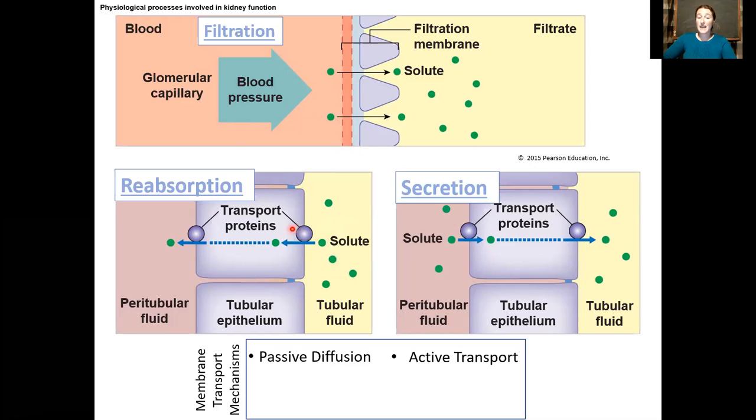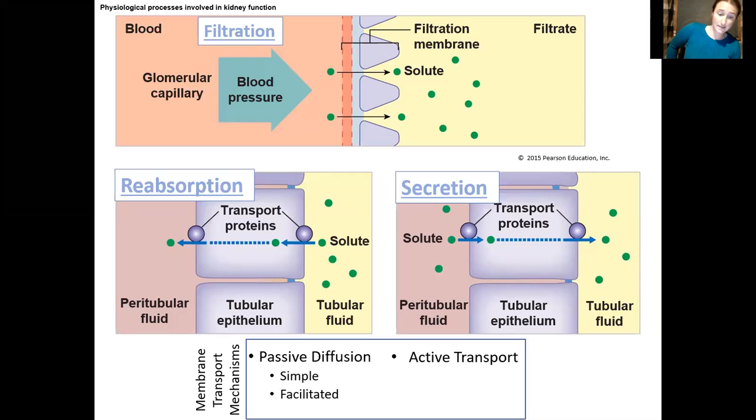If we stick a particular protein within the membrane of the tubule, these substances are just going to flow down their concentration gradient and back into the body. So that's passive diffusion. There's no energy associated with that.